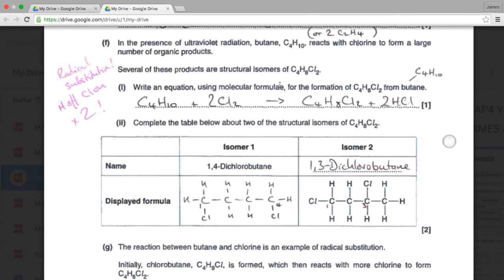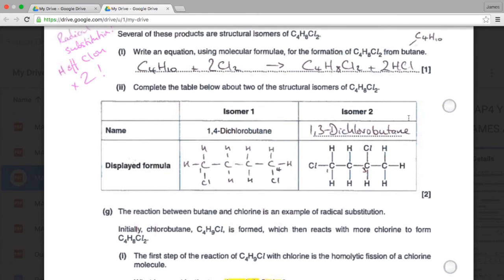Now we're told we have to make the dihalogenoalkane product, C4H8Cl2. So we've got to take 2 hydrogens off, one at a time, and we're going to put 2 chlorines on. So those 2 hydrogens are going to combine with a chlorine atom, and they're going to form 2 moles of HCl. So there's the equation there.